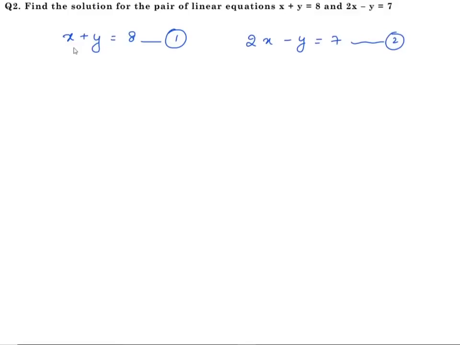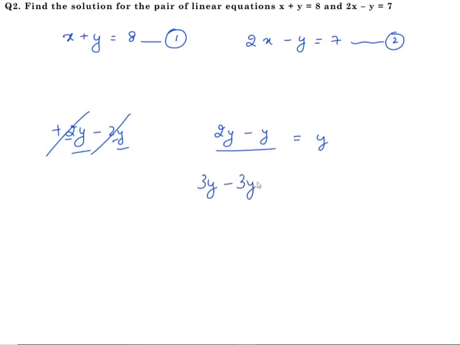See here, the variables are x and y. Which variable can you cancel out? y and y, because they have opposite signs with the same coefficient. Variables with the same coefficient and opposite signs can be cancelled. 2y minus y, you cannot cancel it; you have to do subtraction. 2y minus y is y.